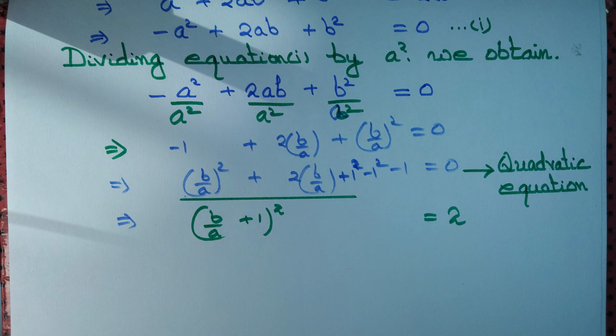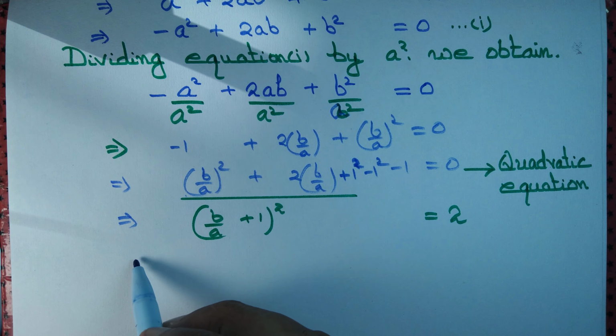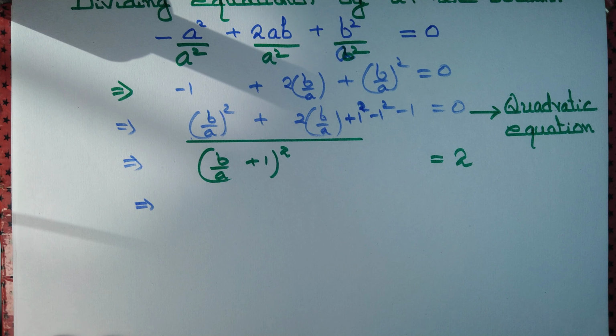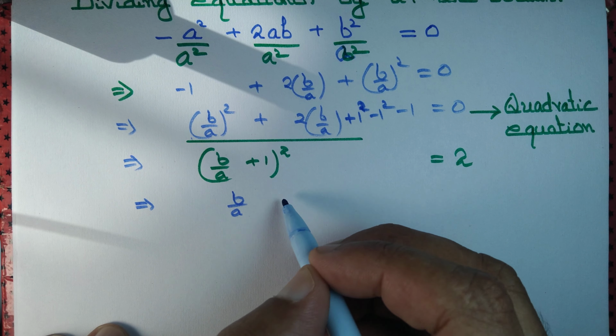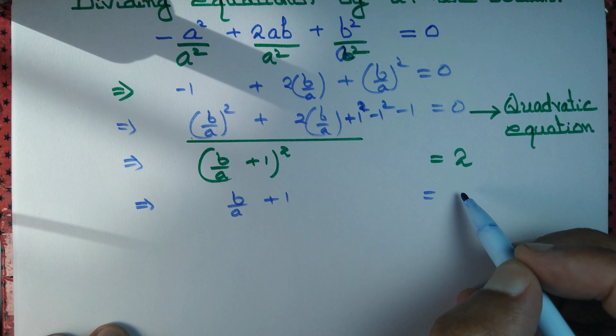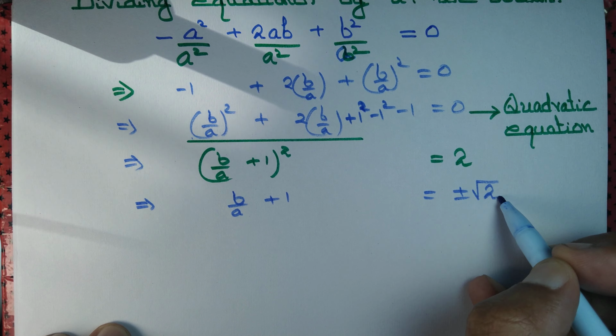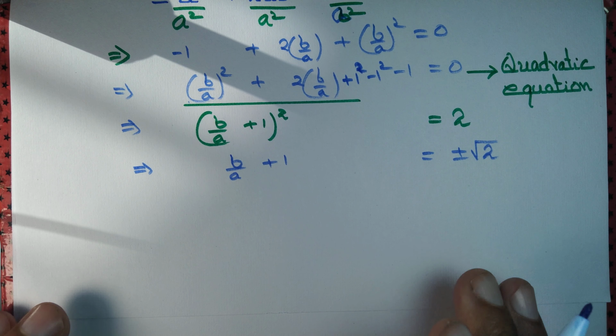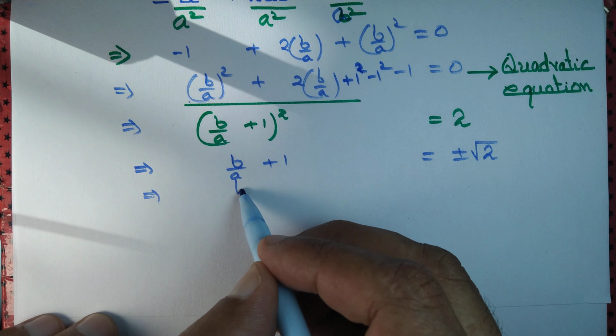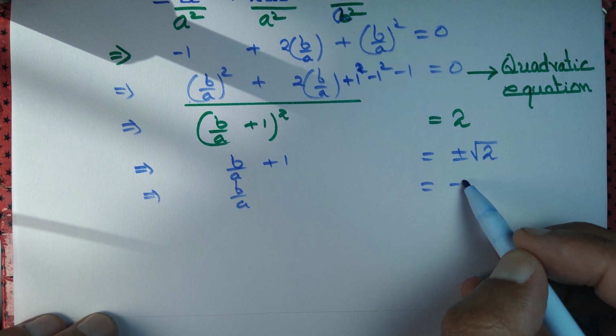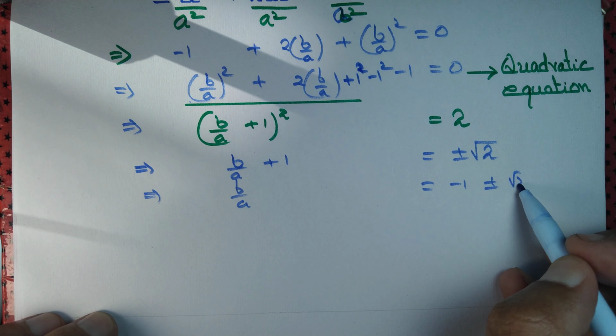Now it's easy to solve. So this implies b by a plus 1 equal to plus minus root 2. We just take square root both sides. Or b by a equal to minus 1 plus minus root 2.